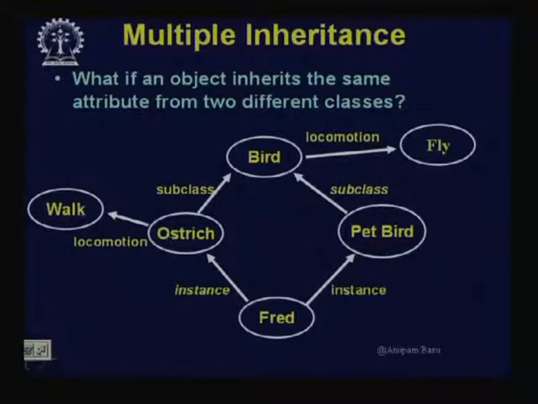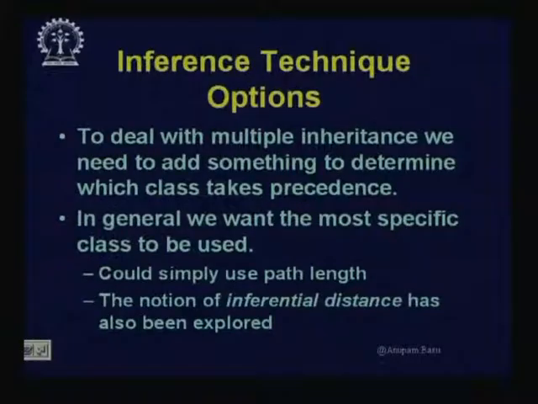So, whoever's path length is less is more specific, and that is more valid. We could have taken that. Now, here there is no hard and fast answer, and depending on the application, often we have to select a particular policy.